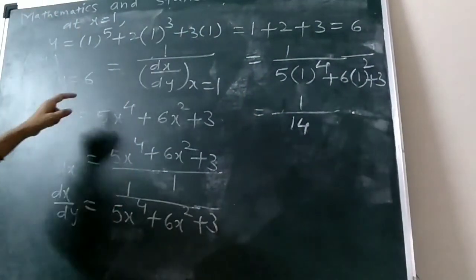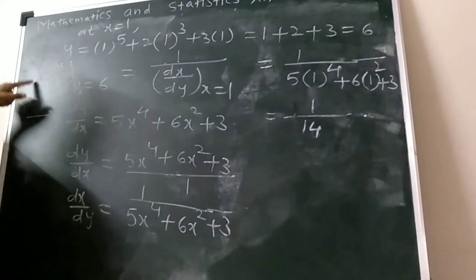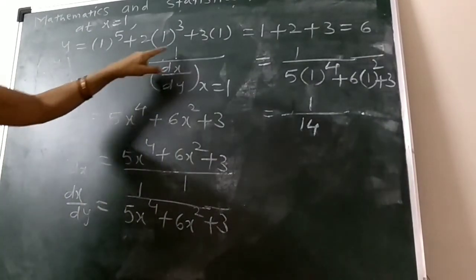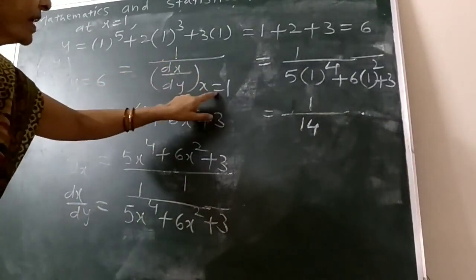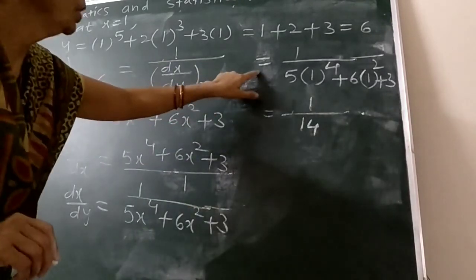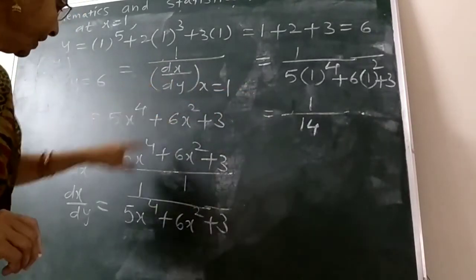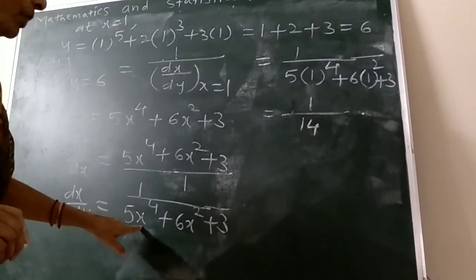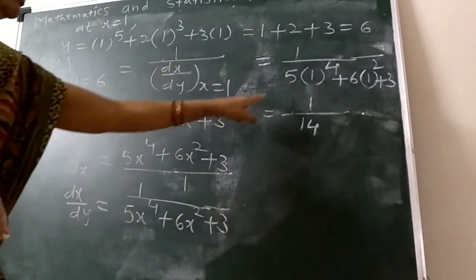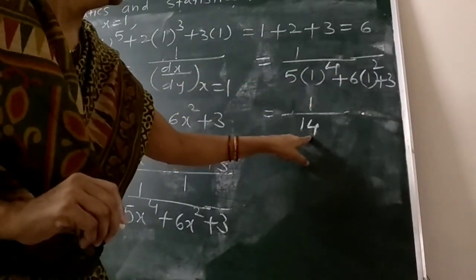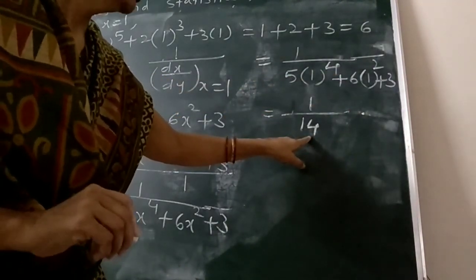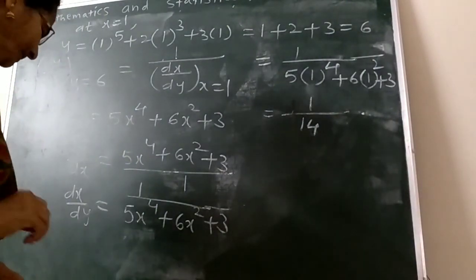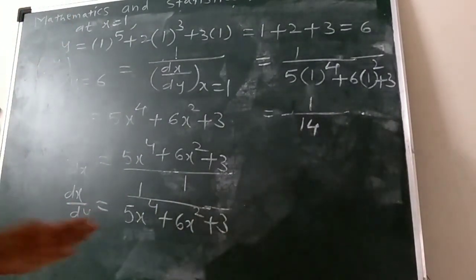Remember, this is the step, very important. dy by dx at y equal to 6 is equal to 1 upon dx by dy at x equal to 1. By calculating, we get this value, which is the answer, 1 upon 14.